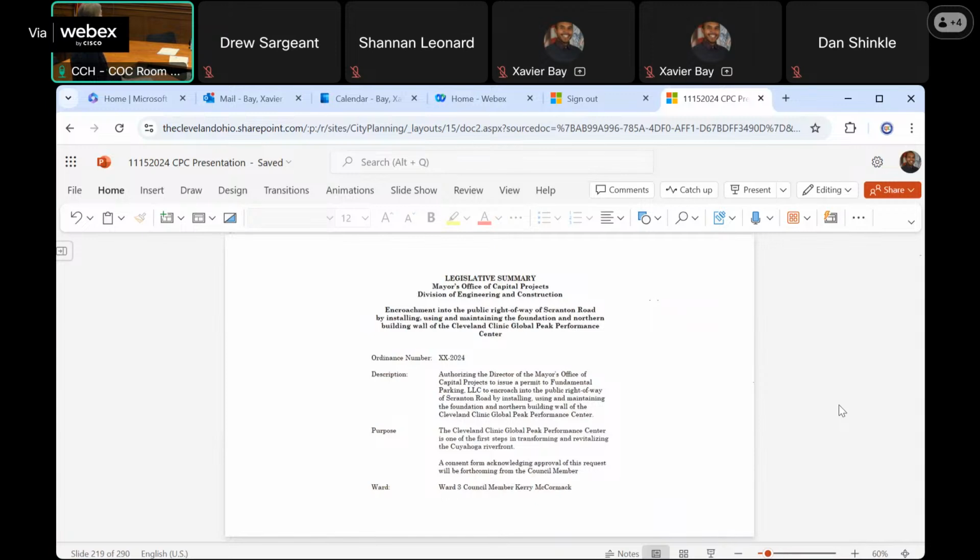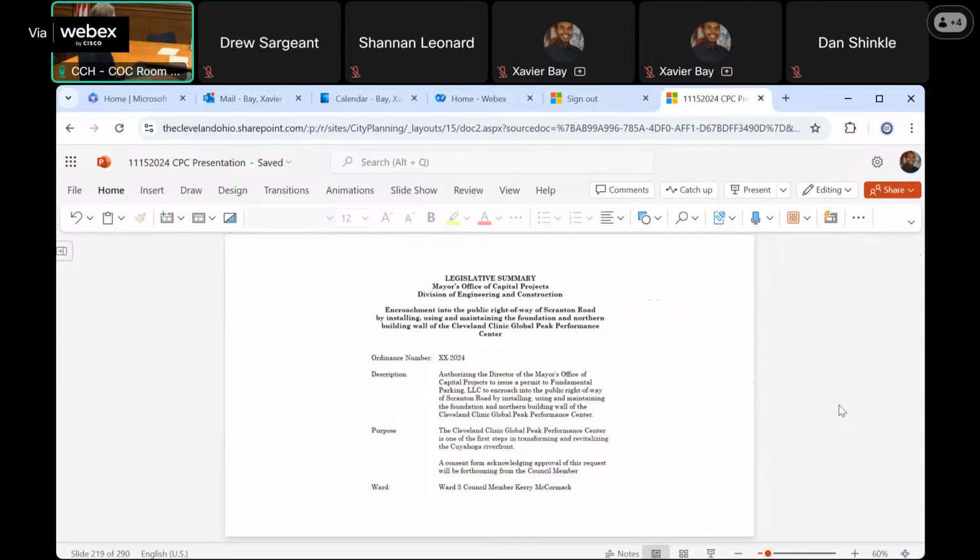These two encroachments you'll hear about today are related to that project. This is allowing them to encroach with their foundations into the public right of way of Scranton Road, which is a little bit confusing as to exactly where that is in space. It is the old Eagle Avenue Bridge viaduct that came down and connected across the Eagle Bridge. It's that roadway. There are a couple of layers there.